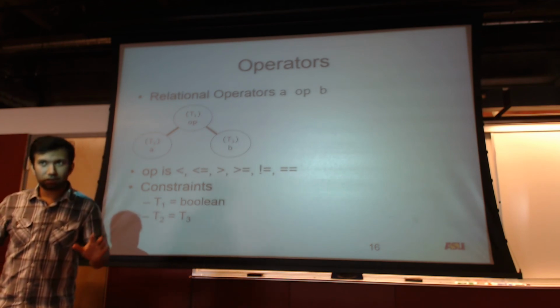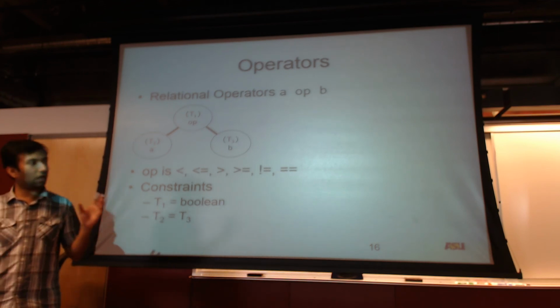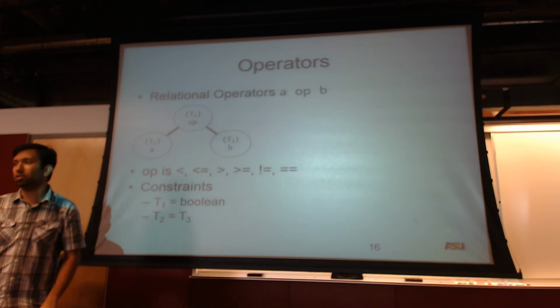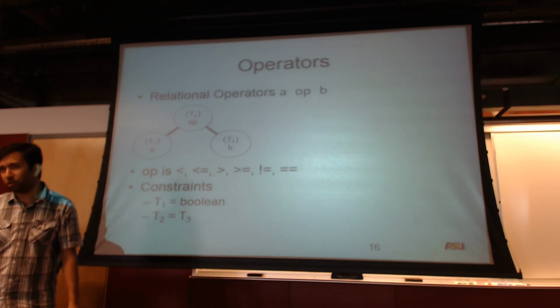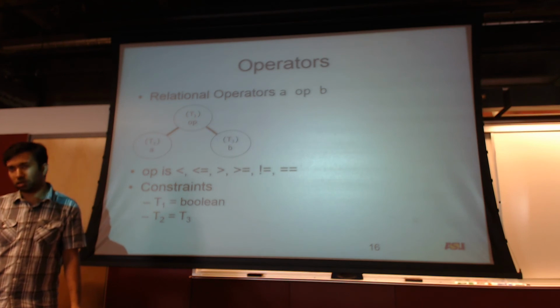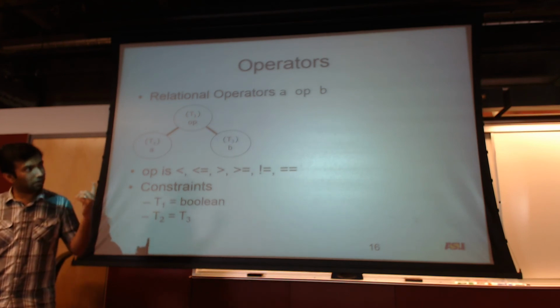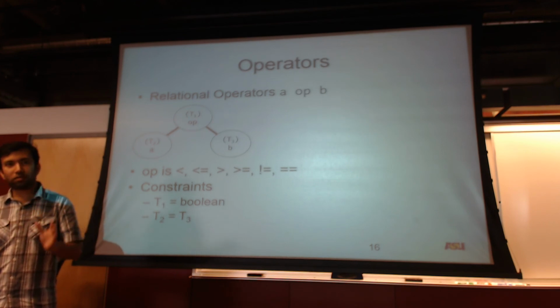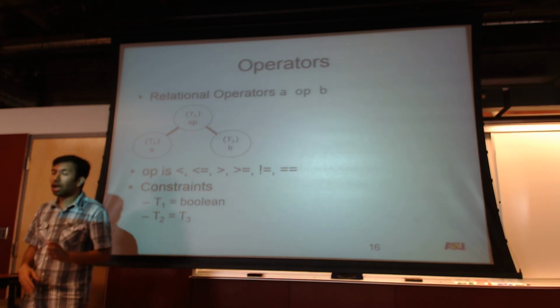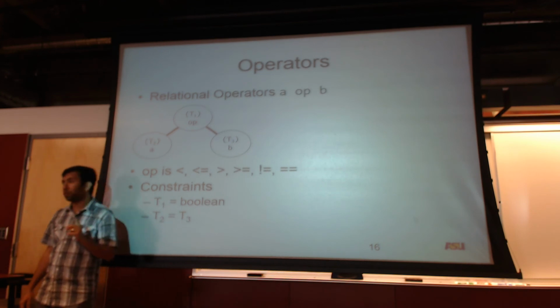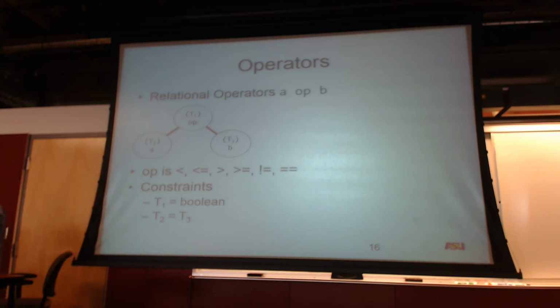The only constraint we have is that T2 has to be equal to T3. We don't care about the result. We only care about types here. So when we have A OP B, OP's type has to be Boolean, and the arguments of OP, like A and B, have to have the same type. T2 equals T3. This is when OP is a relational operator.